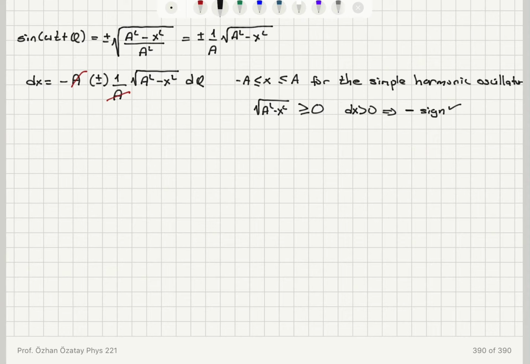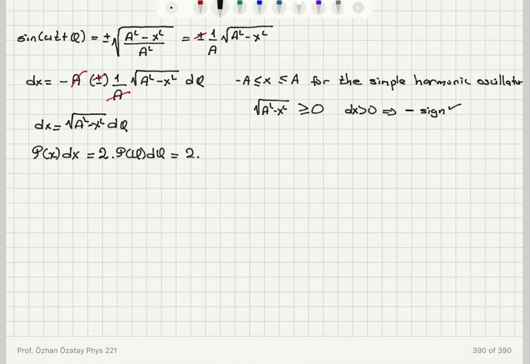Must be taken. For sine omega t plus phi, I will take the minus 1 over a root in order to get a positive dx value. So dx is going to be equal to square root a squared minus x squared d phi here. Okay, so the probability distribution function of x dx is equal to twice the probability distribution function of phi d phi.